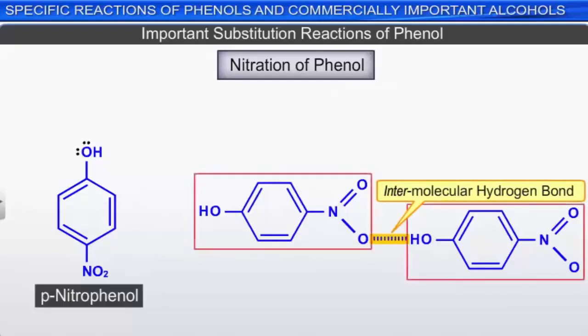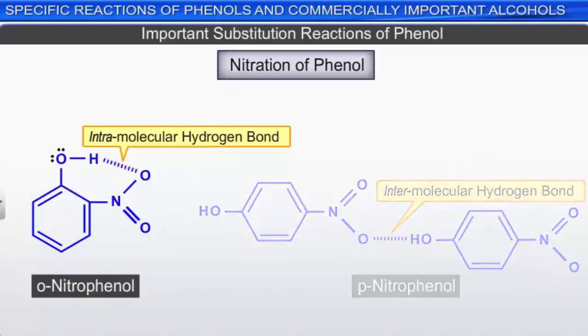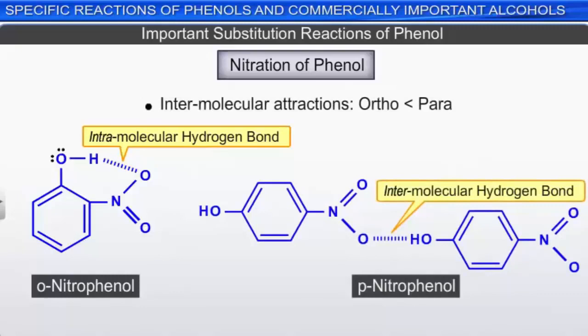The different hydrogen bond arrangements have important effects on the physical properties. Since the ortho isomer has only intramolecular hydrogen bonding, it has weaker intermolecular attractions than the para isomer, with its intermolecular hydrogen bonds.